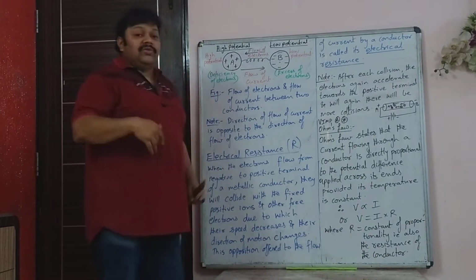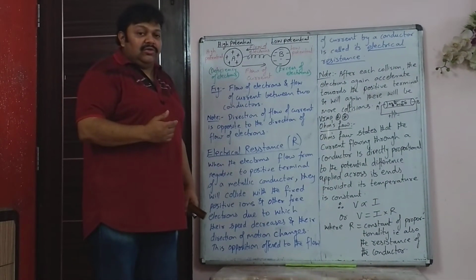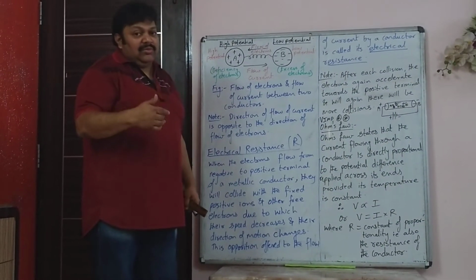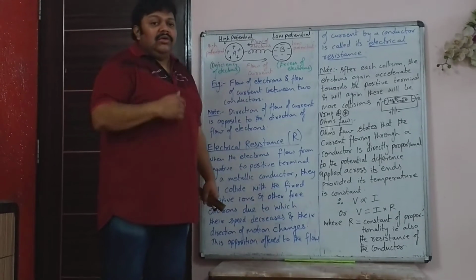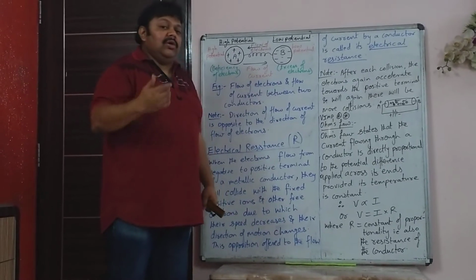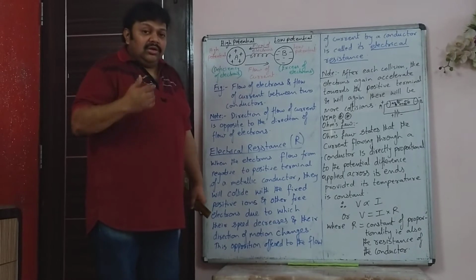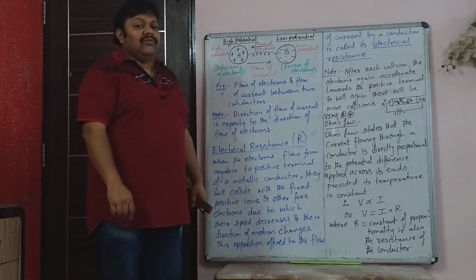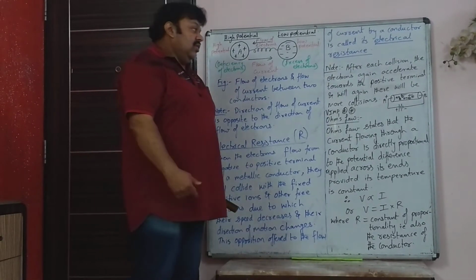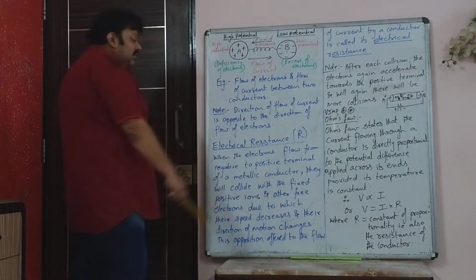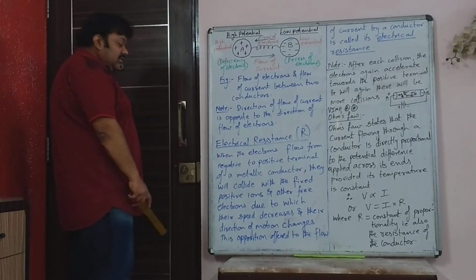This obstruction to the flow of electrons due to the number of collisions that happen when the electrons flow from lower to higher potential is known as resistance of the conductor. So here we have written the definition of electrical resistance.